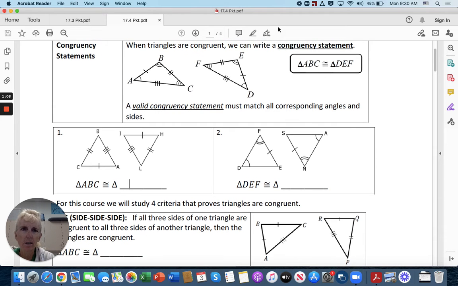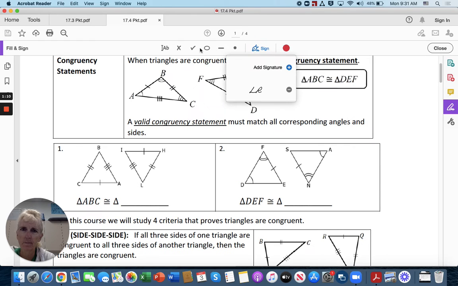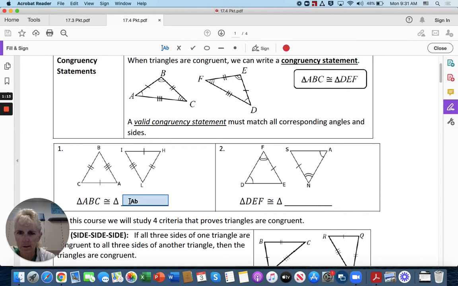Triangle ILH. Okay. So again, angle A matches up with I, L matches up with B, and then H matches up with C. So you have to make sure that it corresponds to the correct angle and the correct side, because AC lines up with IH, HL lines up with BC, and so forth.